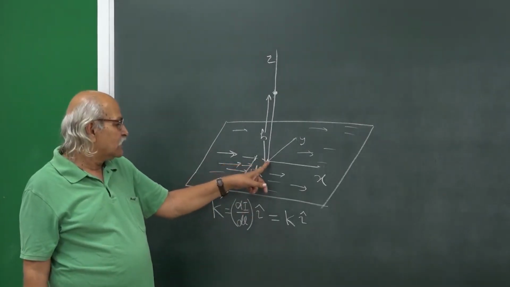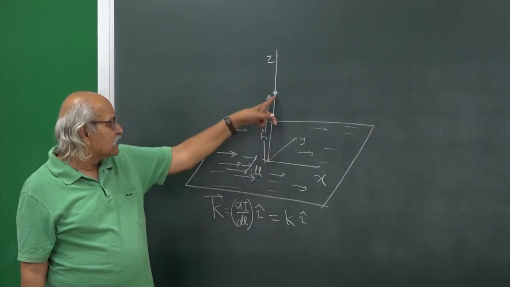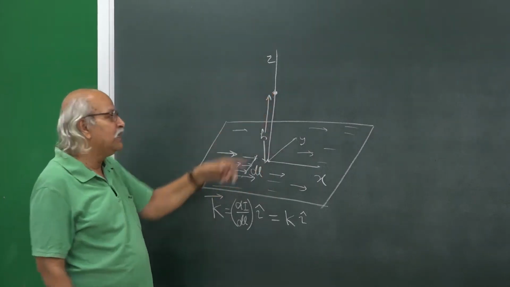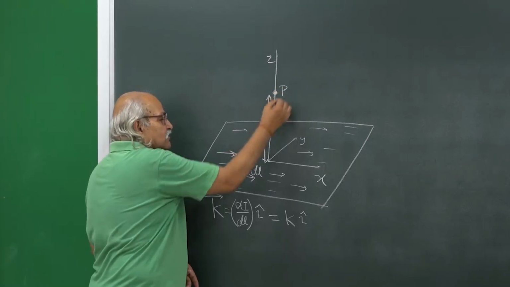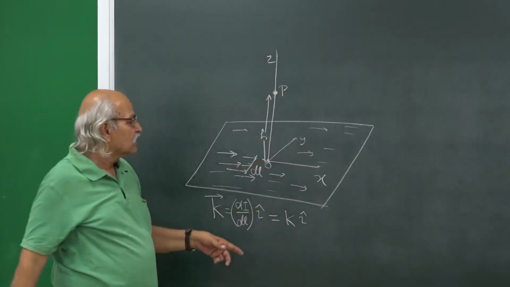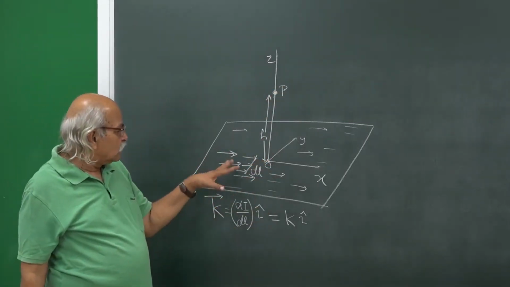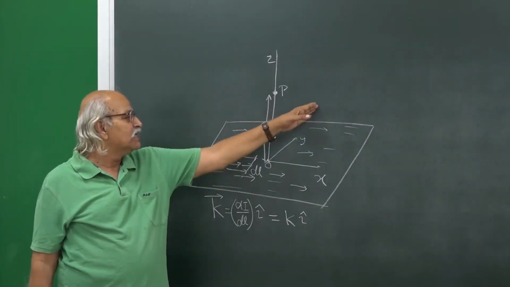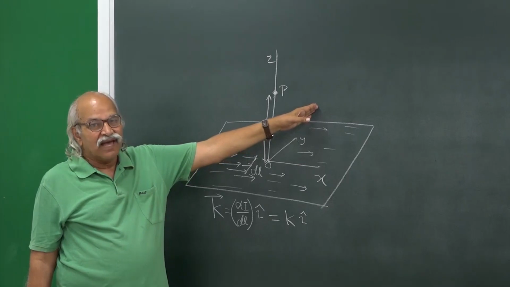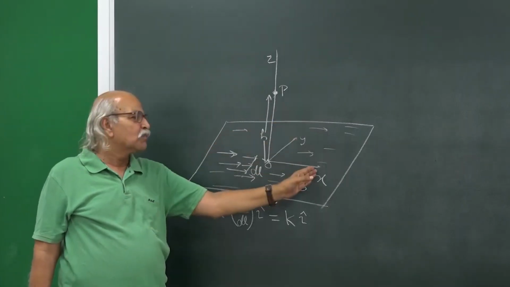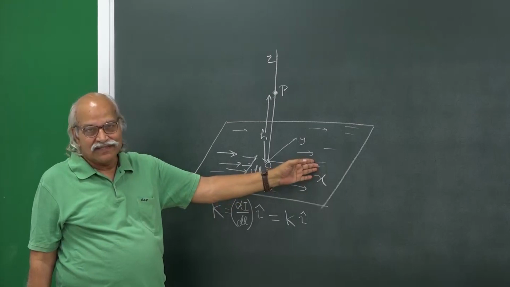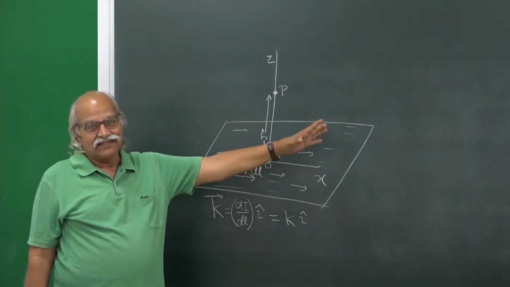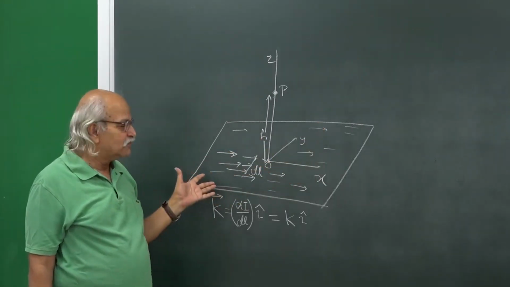So, I have taken origin, and on the z axis I have taken this point P, where we need the magnetic field. There is no loss of generality. Anywhere you have a point P and you are asked to get the magnetic field there, you can drop a perpendicular, take that point as origin, and the same figure will be there.